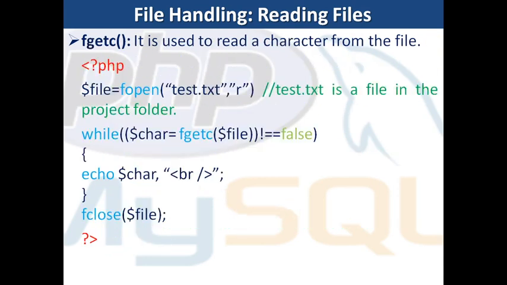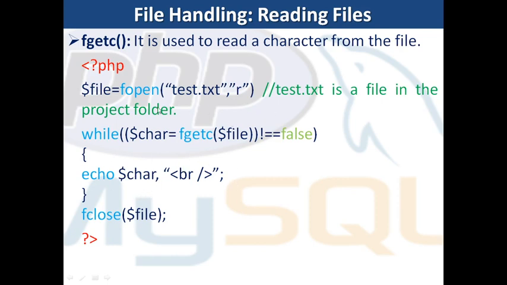fgetc is used to read a character from the file. So here the file is to be opened in read mode, and test.txt is a file in the project folder. If we want to read complete data, then we will use a while loop, or otherwise we can directly echo it.